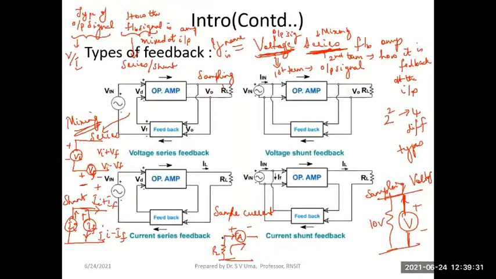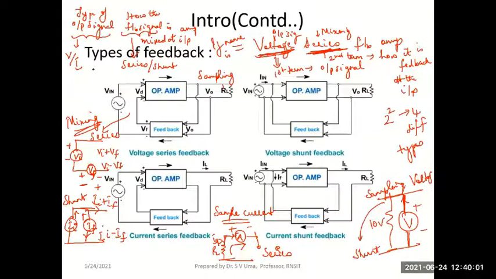Say you had some current IL flowing in this. I have to measure that current, so I should connect the ammeter in series with that resistor. So a sample of the output current can be obtained with a series connection of the feedback circuit, and a sample of the output voltage can be obtained with a shunt connection.